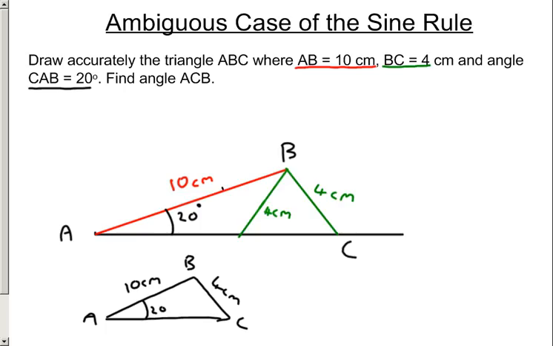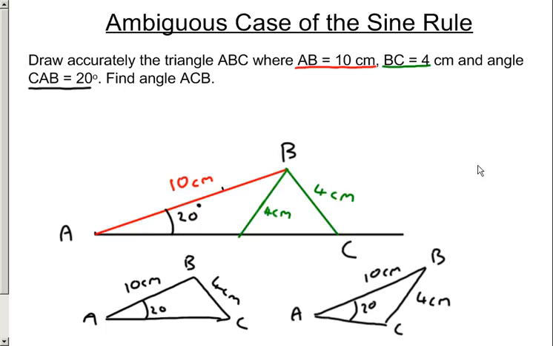But we also have the second one, which is when we had something more like this. This one is 10 centimeters, this one is 4 centimeters, and this angle is still 20 degrees. A, B, C. So here we have two triangles that satisfy the conditions we were originally given. This is what we mean by the ambiguous case.